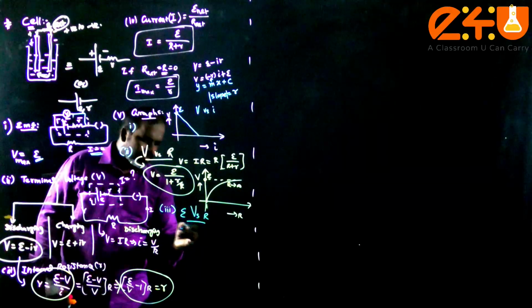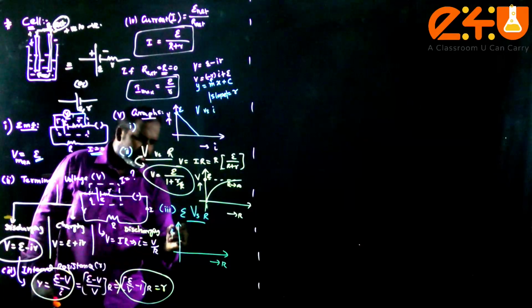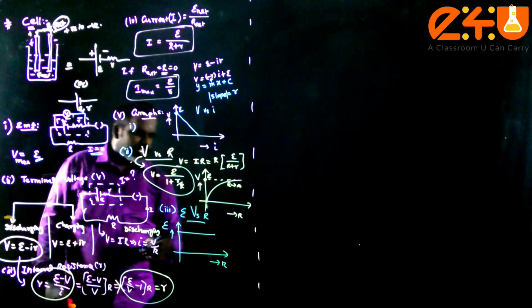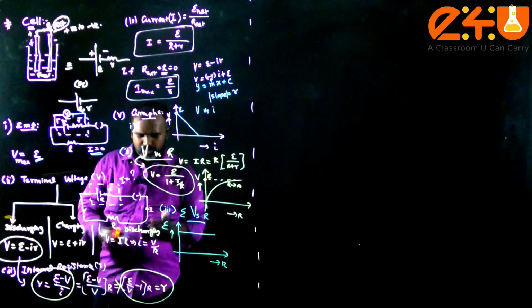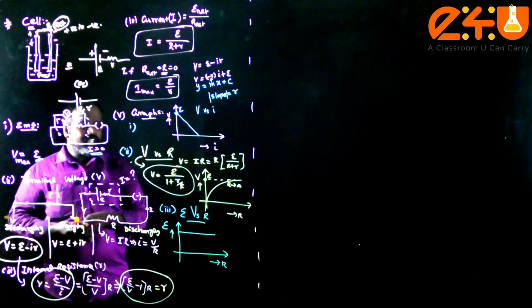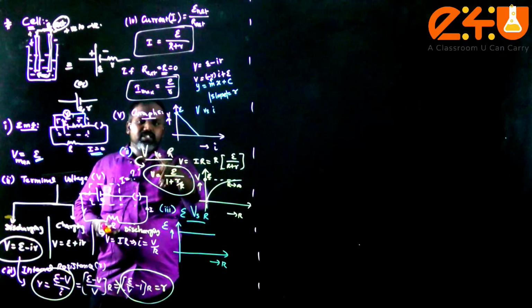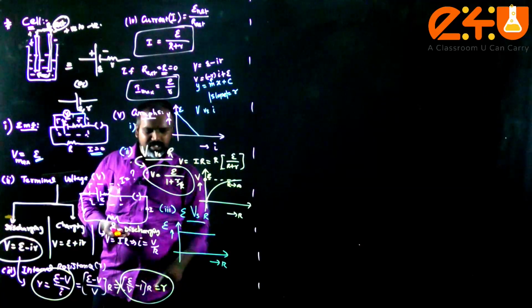Therefore the graph between external resistance and EMF is independent of R, so the graph will be a straight line with zero slope. This is the graphical study for voltage versus R, voltage versus current, and EMF versus R.